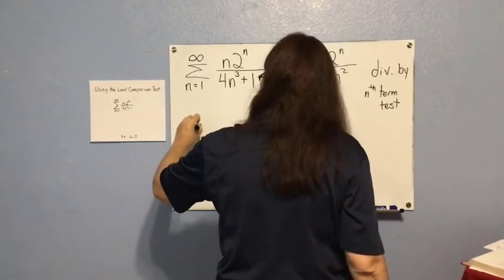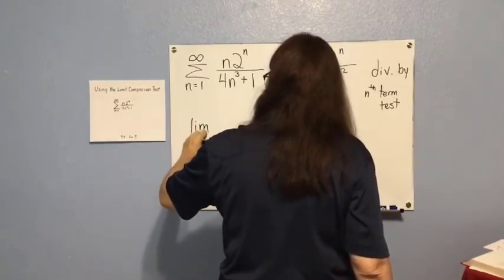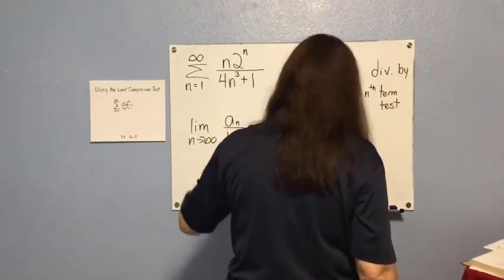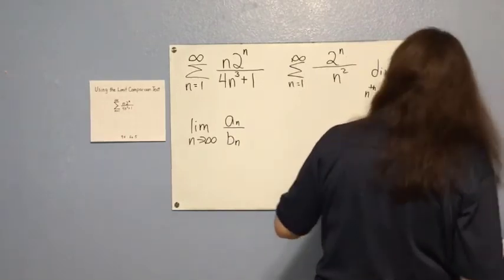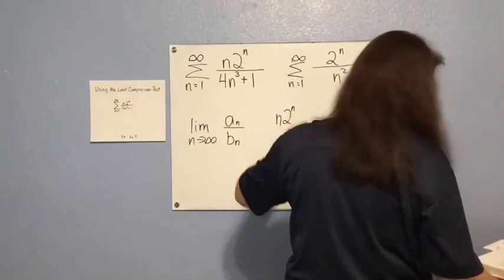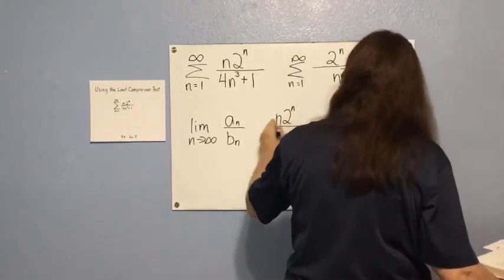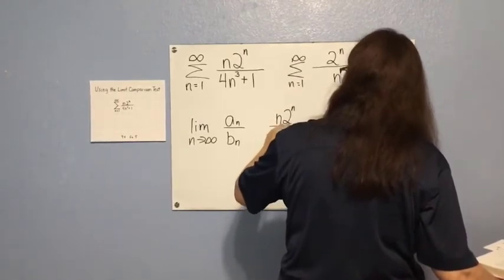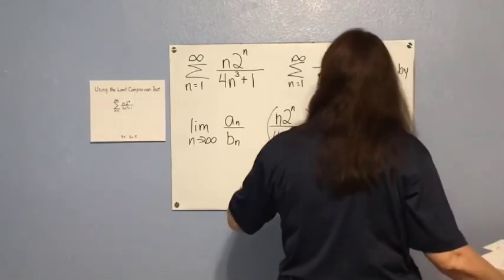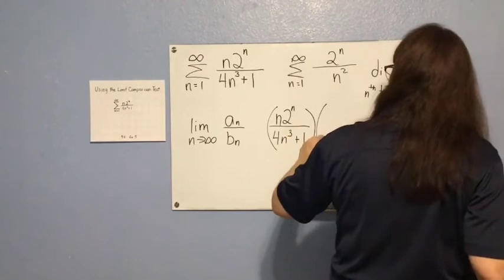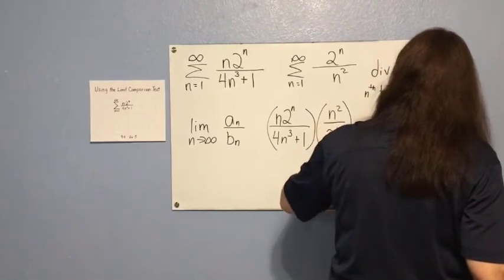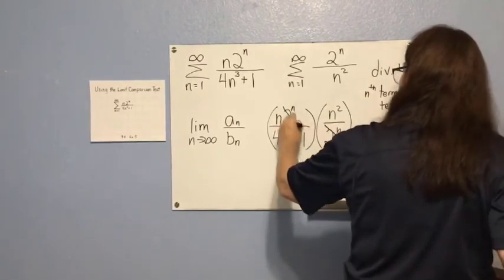So the limit as n goes to infinity of a sub n over b sub n is going to be n times 2 to the n over 4n cubed plus 1. And again, I'm just going to invert this and multiply. I have n squared over 2 to the n. Okay, this 2 to the n and this 2 to the n cancel out.